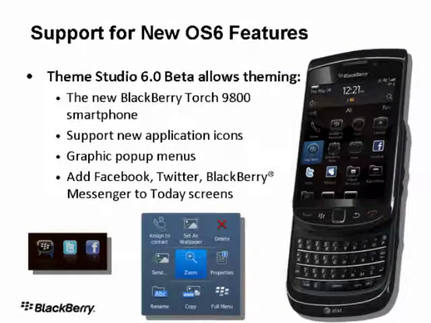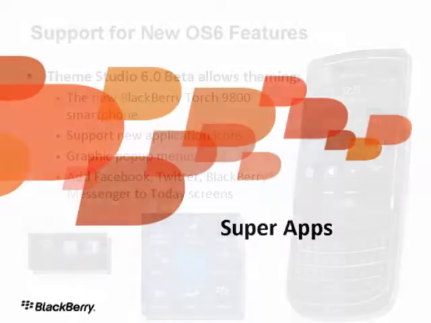And it makes it easy to export your theme, so it gets prepared and you can just upload it to App World and start distributing it. A few new things in Theme Studio 6: for example, you can add Facebook, Twitter, and BlackBerry Messenger icons. And we also have this new pop-up menu, so you can customize that as well.